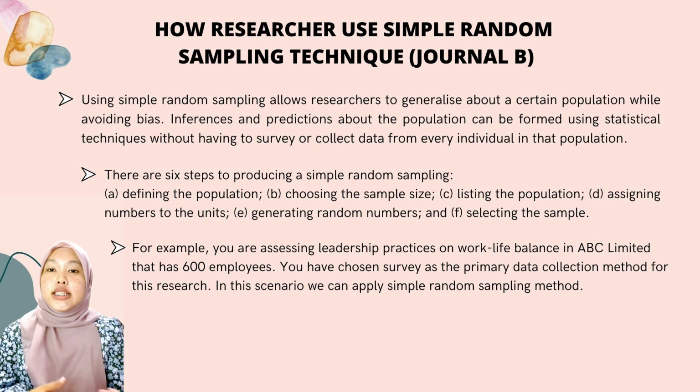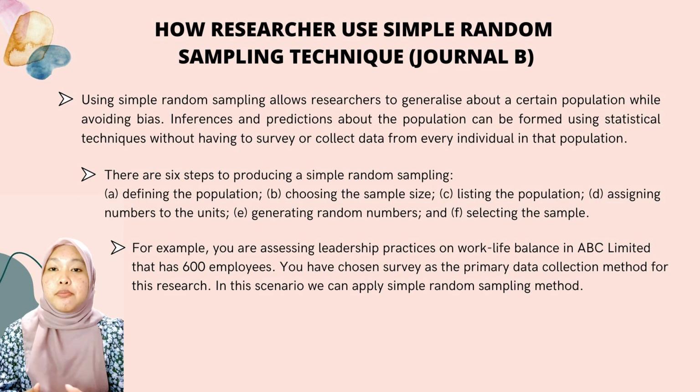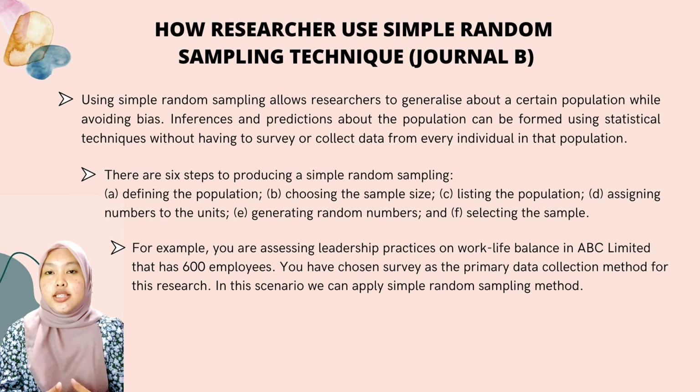Secondly, we need to assign a sequential number to each employee from 1 to 600. The sample size of 150 respondents might be enough to achieve the research objective. Next, use a random number generator and generate 150 numbers from 1 to 600.